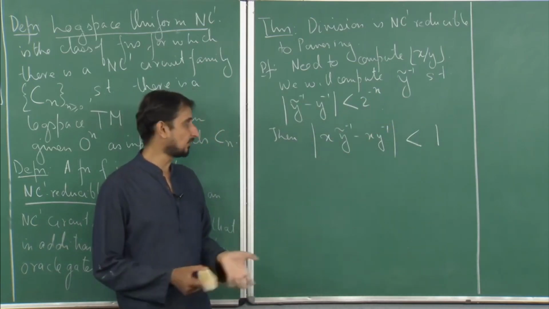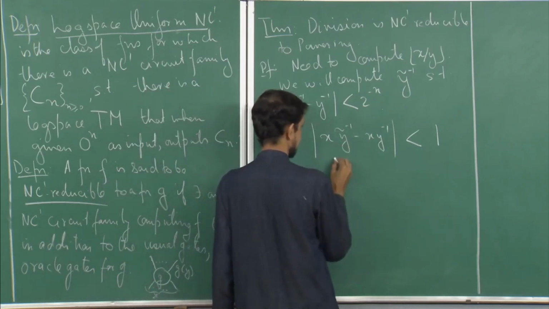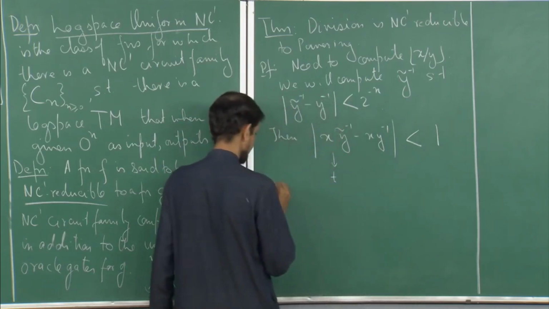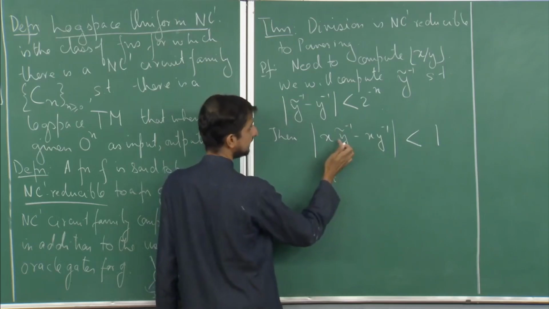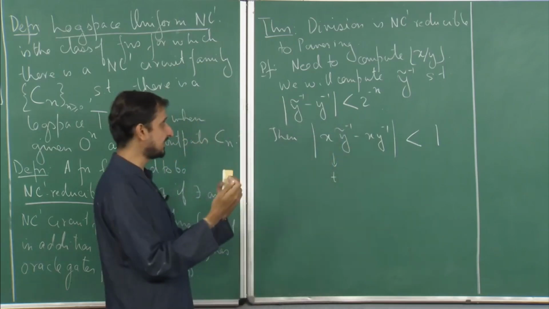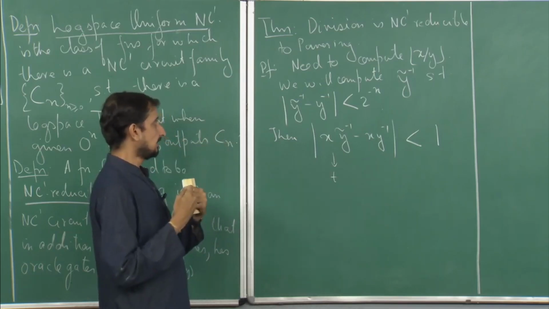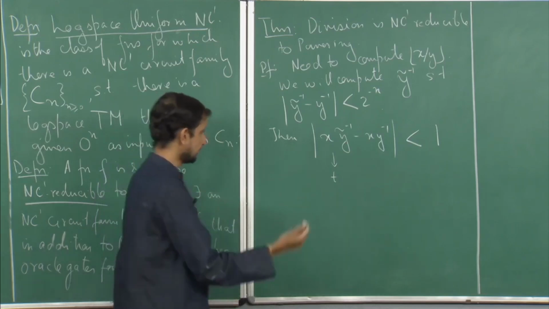So, essentially I will call this t. This is an under approximation: y tilde is an approximation of y, so y tilde inverse will be an under approximation of y inverse.